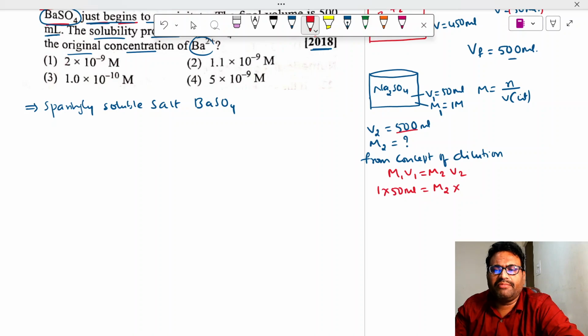The final volume has become 500 ml, because now Na2SO4 is in 500 ml after adding. Then M2 will be equal to 50 by 500, that is equal to 1 by 10, that is equal to 0.1 molar.